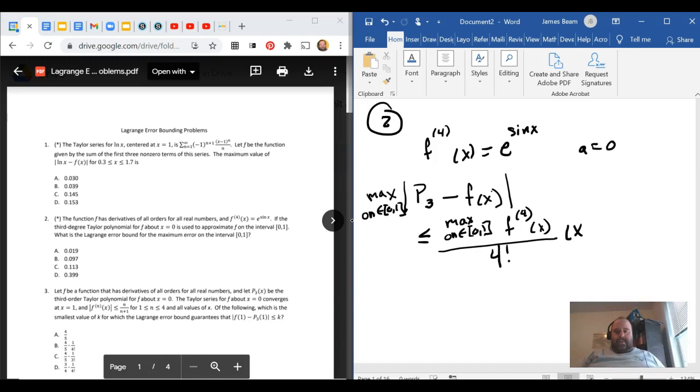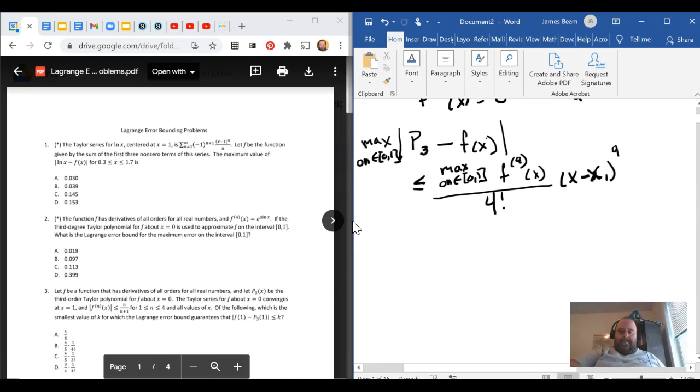and it's going to be minus whatever x sub 1 is going to be, right, to the fourth. Okay, so the largest, and this is an absolute value, so this is all absolute valued here.